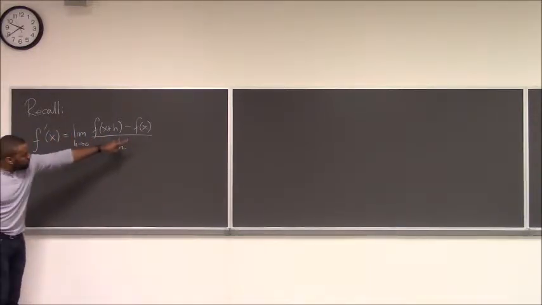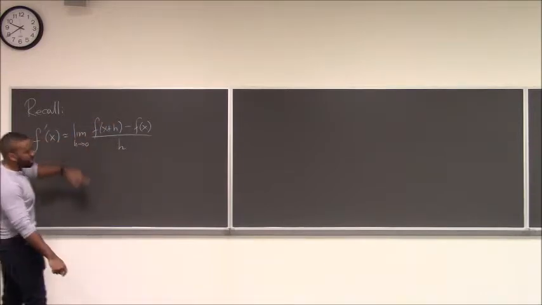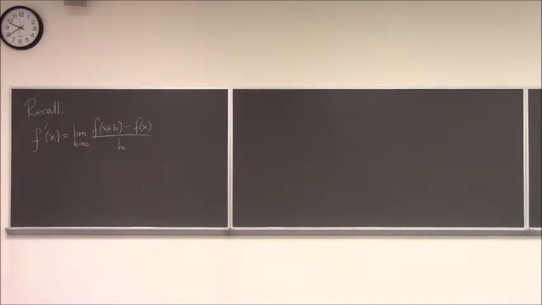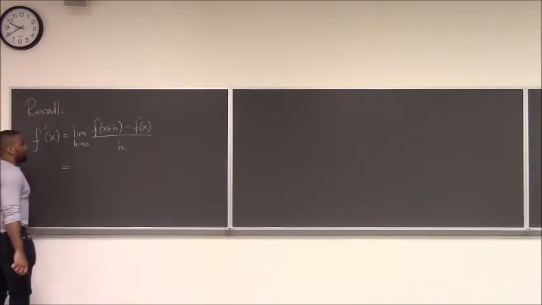The difference quotient gave us the slope of the secant line. Basically, if we turn a secant line into a tangent line by letting the distance between the two points approach 0, that gave us what we call the derivative. This was the slope of the curve at a specific point.